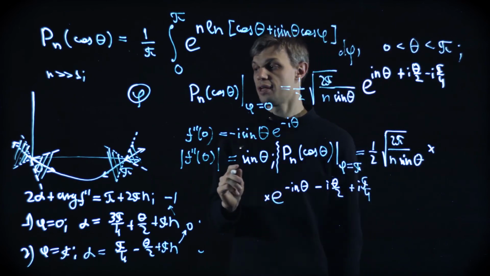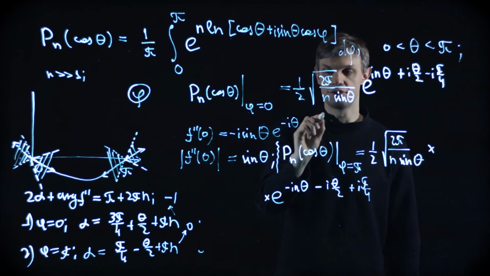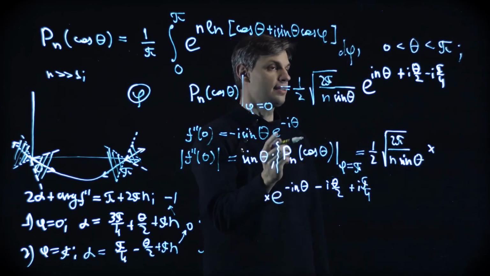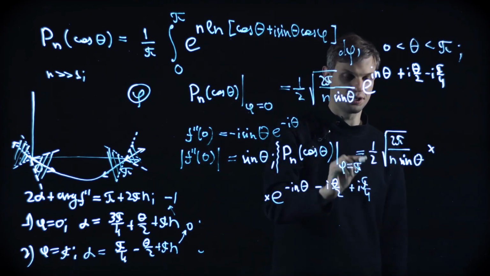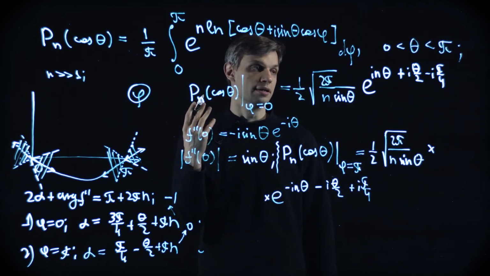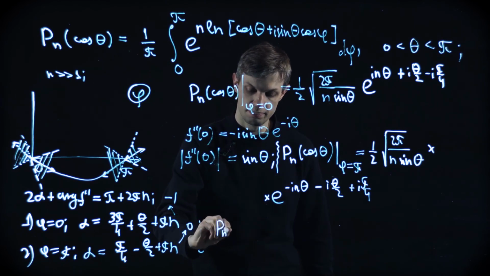Right. So in order to get the full contribution, we need to sum up the contributions from these two saddles. As you can clearly see, they are complex conjugates with a common factor here. So the sum of them will simply give you the cosine. So let's write it down here.